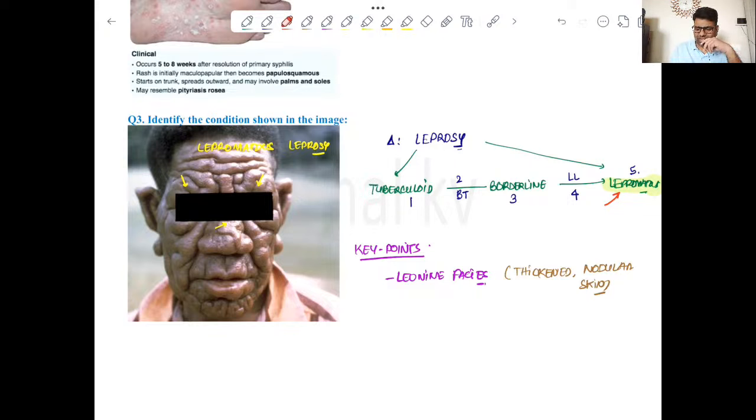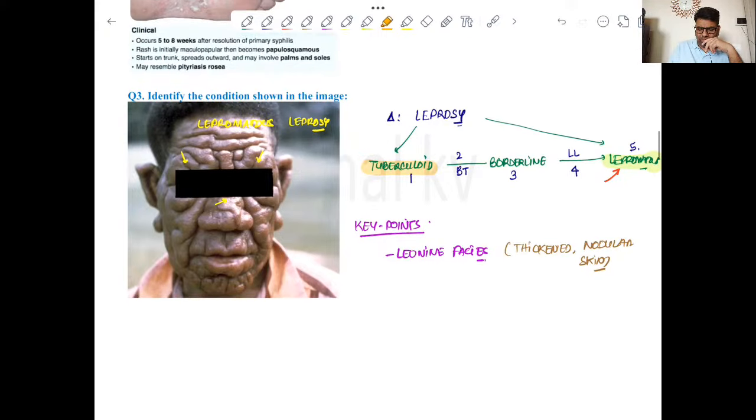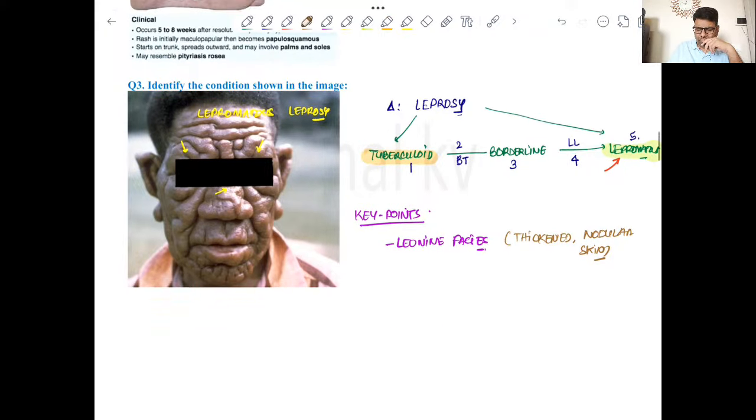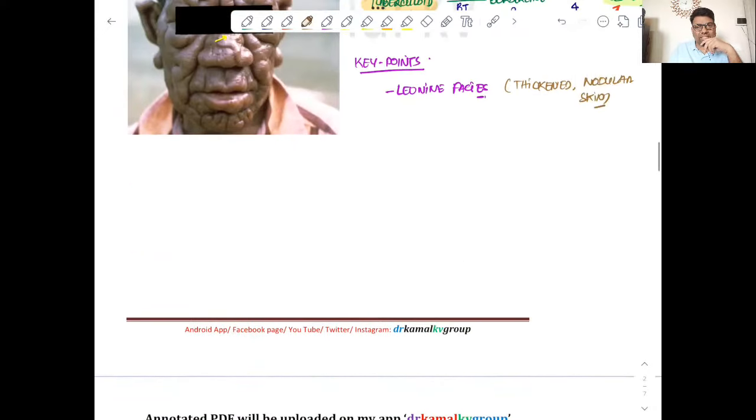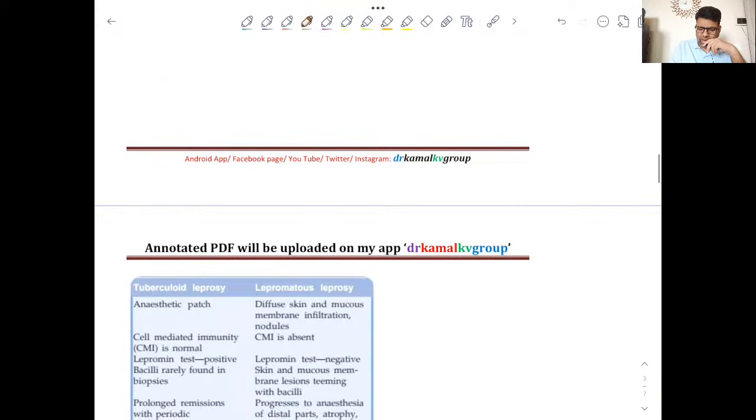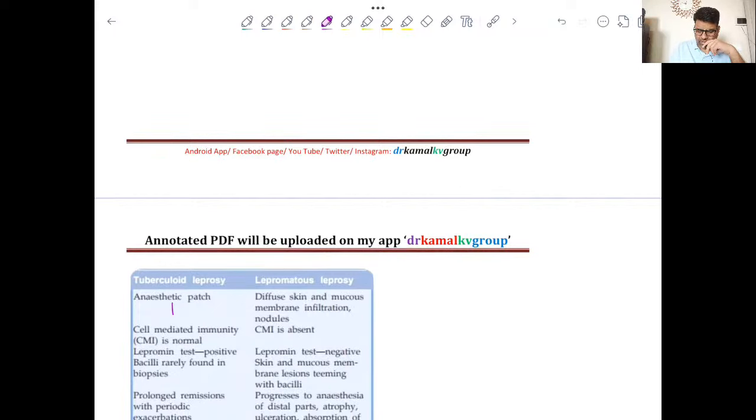So this is lepromatous leprosy, and in the exam you should know two things: what is lepromatous and at least what is tuberculoid. This is a classical image of lepromatous leprosy, whereas in tuberculoid we will have very little skin lesion, and that presents with loss of sensation, right?